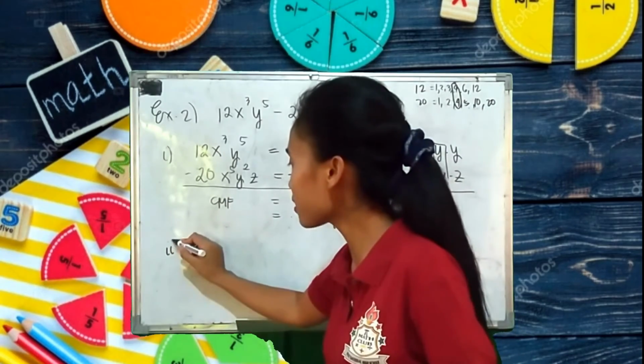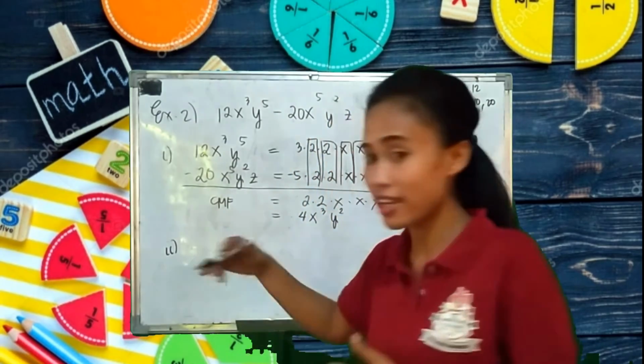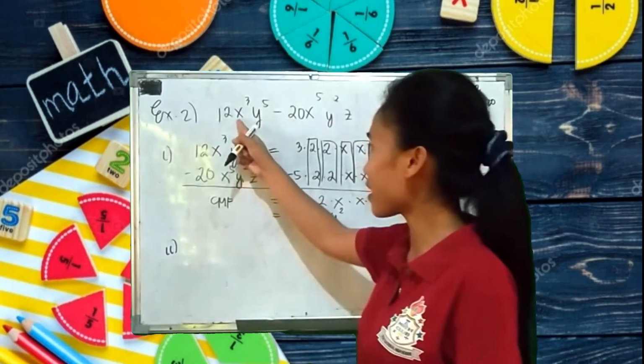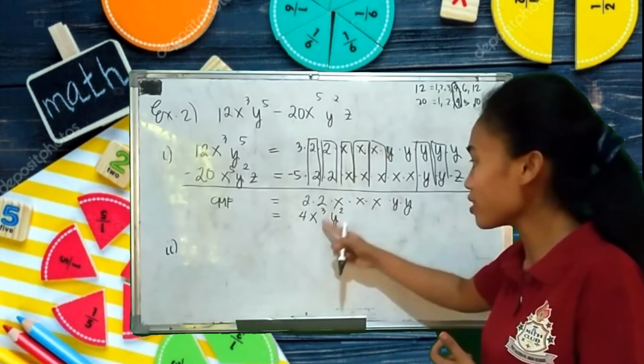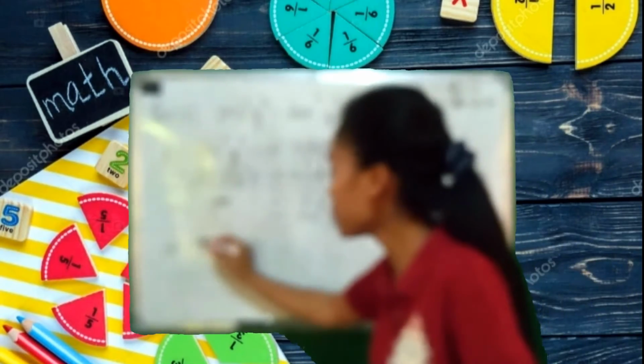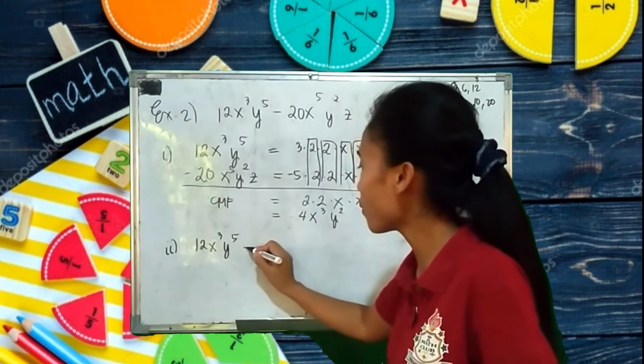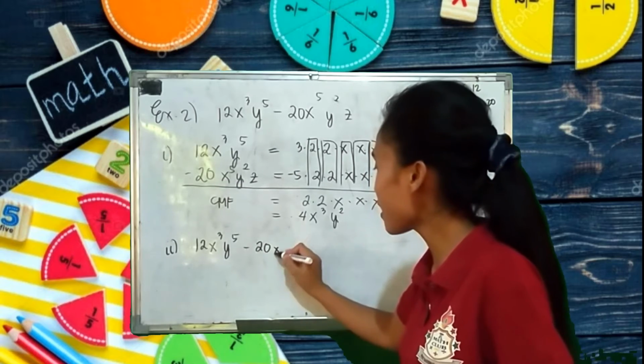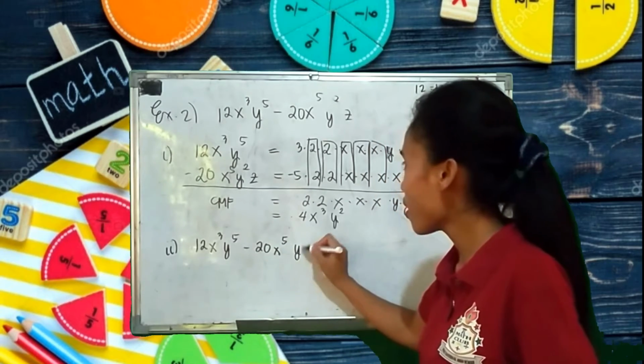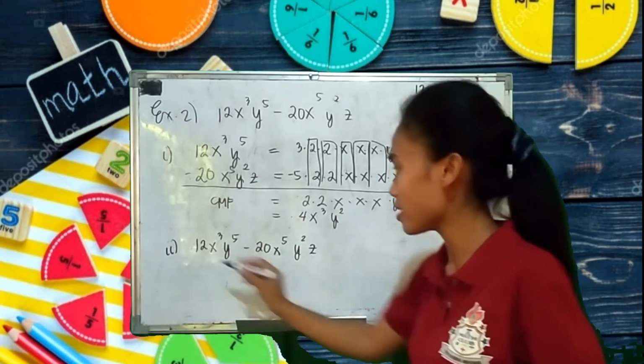And for our step 2, we need now to get the other factor by dividing the two terms with our CMF. So copying, we have 12x cubed y raised to the 5th power, minus 20x raised to the 5th power y squared z.